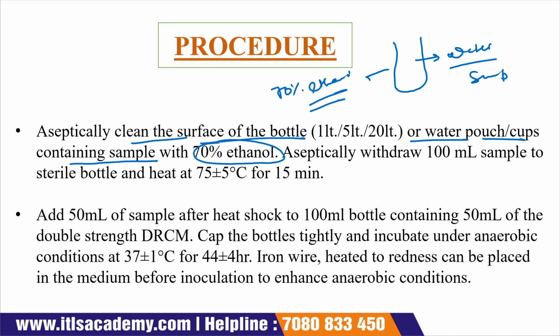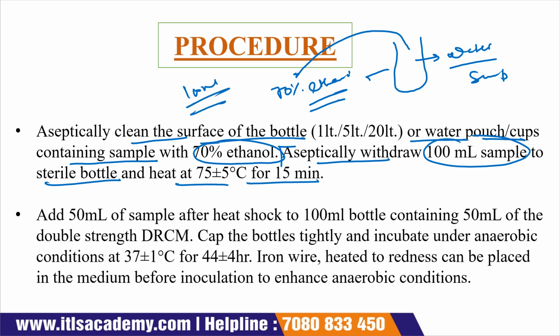Now we take 100 ml of the sample aseptically, withdraw it and put it into a sterile bottle. A sterile bottle means that the bottle is free from microorganisms. Okay, then this bottle is heated at 75 plus minus 5 degrees Celsius for 15 minutes.